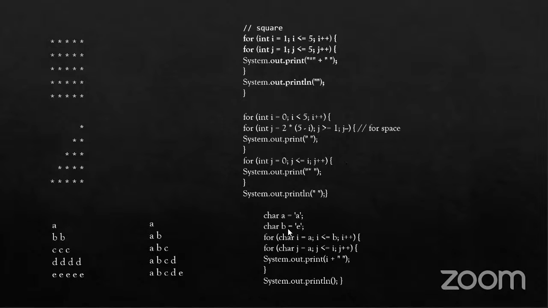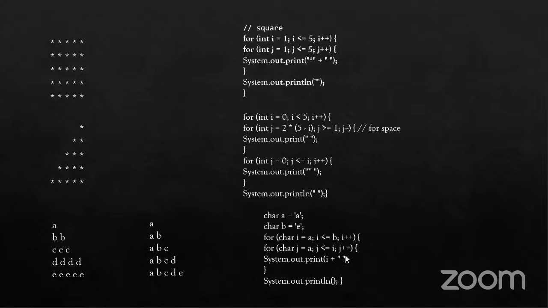Here we need to increment as character. So char I equal to A, not int I, char I. So A is initialized first for I. Char I equal to A, I less than or equal to B, that is E. So check char I equal to A, I less than or equal to E, then I'll increment.